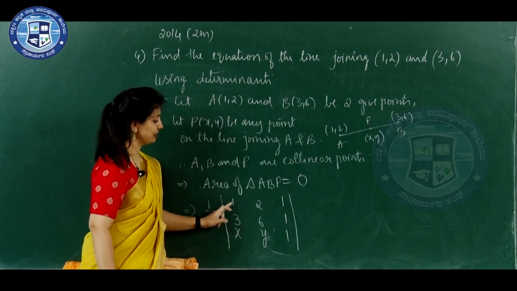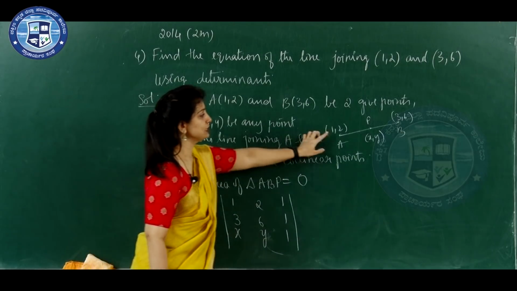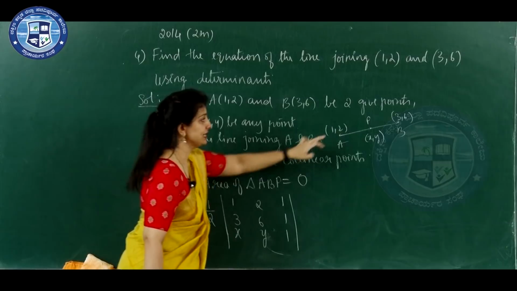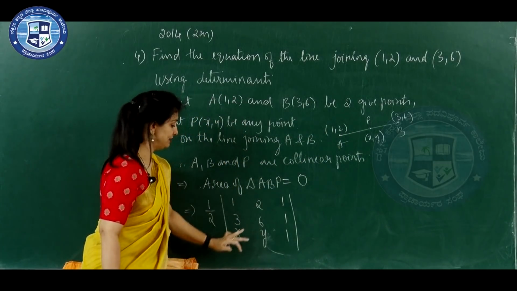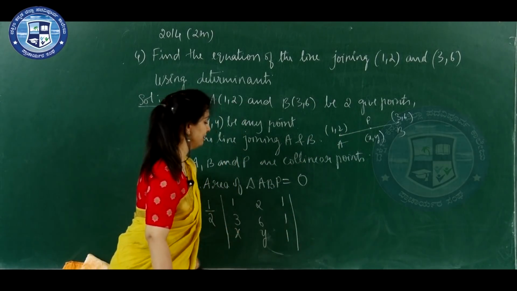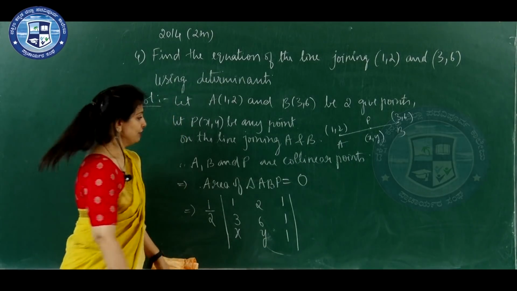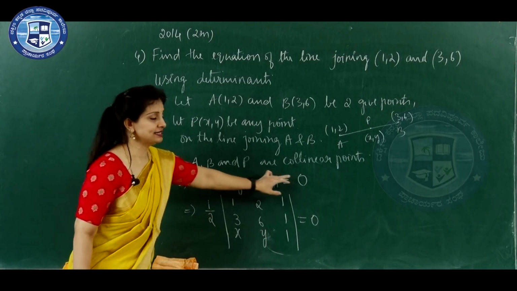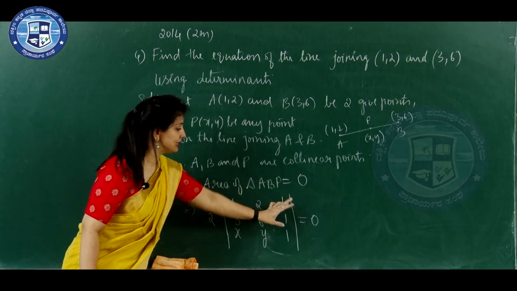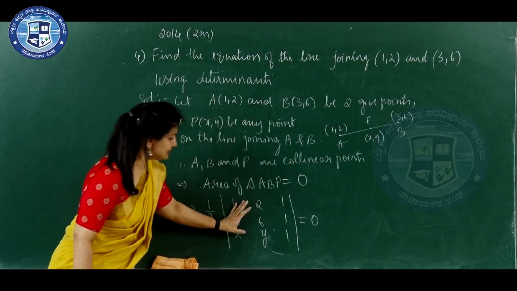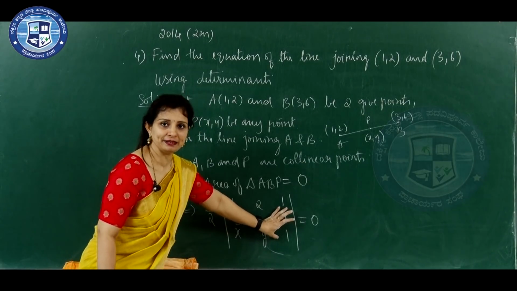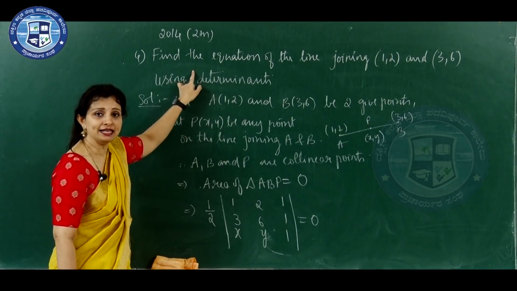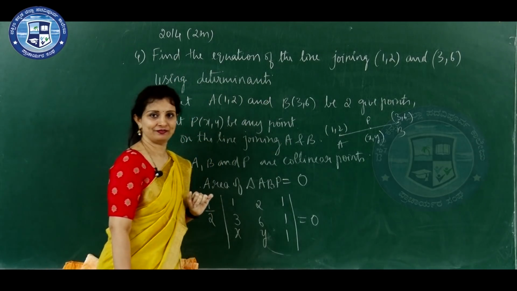Here the first and second columns are written with respect to the coordinates of A (1, 2, 1), second (3, 6, 1), third point (x, y, 1), which is equal to 0 because the area of the triangle is 0. So, the determinant value is also 0. Now, you just have to expand this determinant and equate it to 0, that is the equation of the line joining the 2 points.